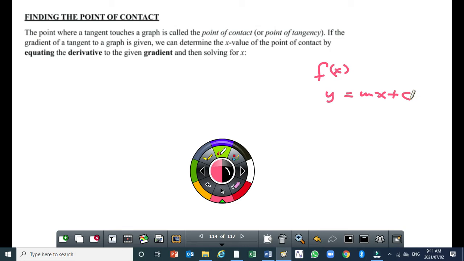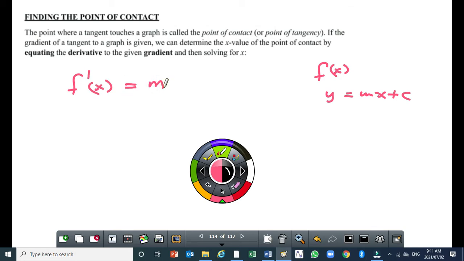If the gradient of a tangent to a graph is given, we can determine the x value of the point of contact by equating the derivative of the graph and then substituting that gradient. So all you have to do is find f prime of x, which is equal to m.